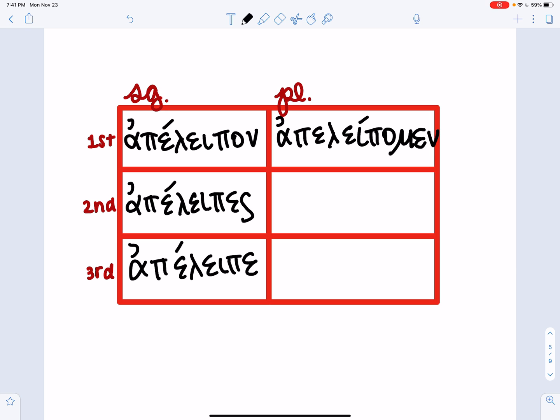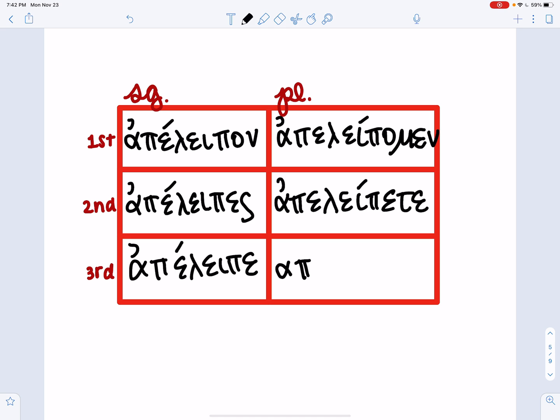And then in the second person plural, apelepete. Go back 2 syllables because our epsilon on the end is short. Apelepete. And then the third person plural, apelepon. Omicron is short on the end. Go back 2 syllables, apelepon.